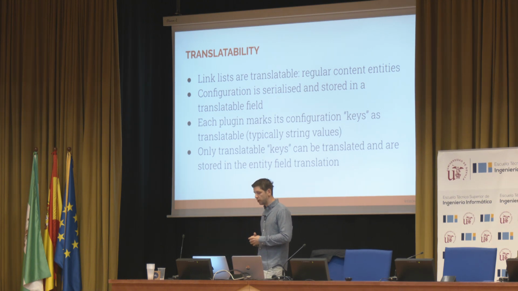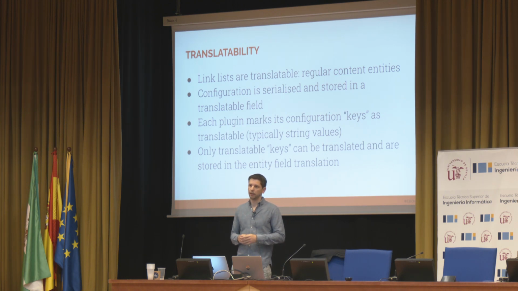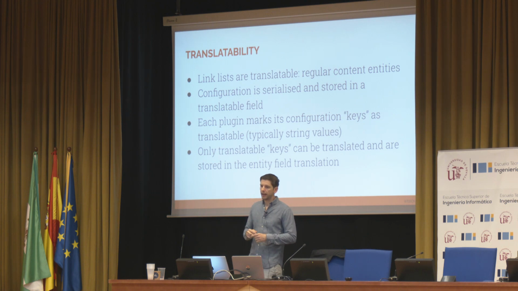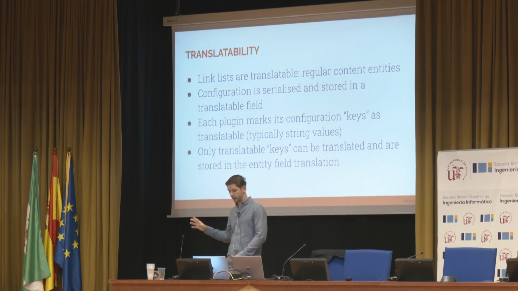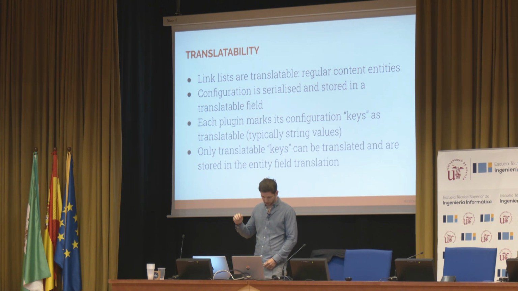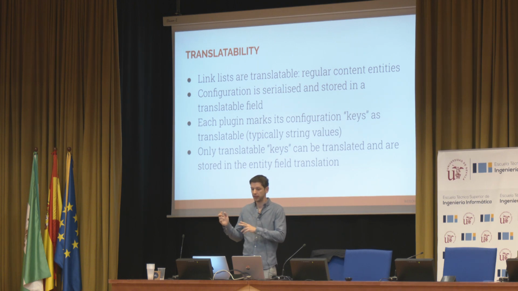And even that configuration that gets stored in a serialized long text in a field is stored in a translatable field, so it can be translatable. The way we do this is that each plugin that has some translatable configuration marks those keys within the configuration array as translatable, right?